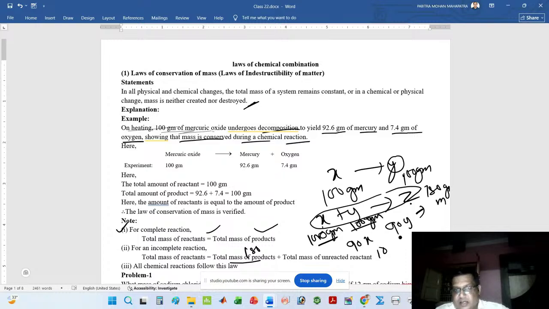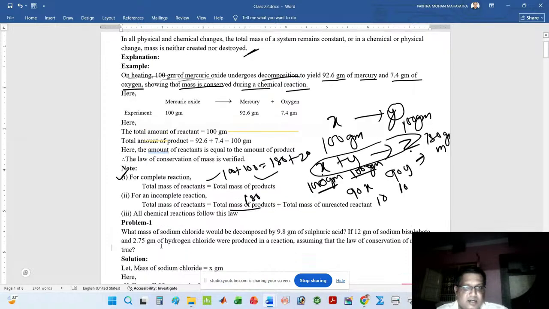Here also 10 gram of Y does not undergo reaction. So the total mass of the reactants is 100 plus 100, which is equal to 180 plus 20.